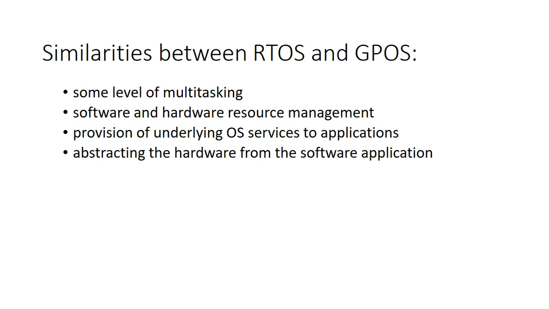The operating system makes sure the software application does not worry about what type of hardware it is going to work on. So this abstraction, hiding the hardware from the software application, both the RTOS and the general purpose operating system will do it.